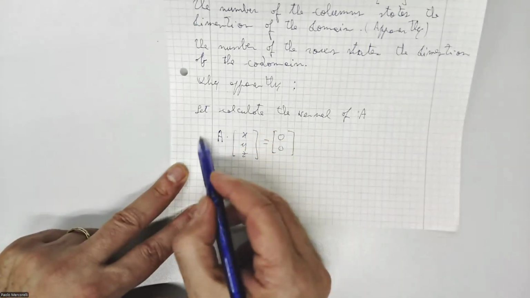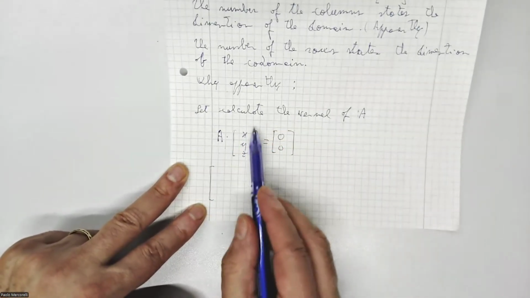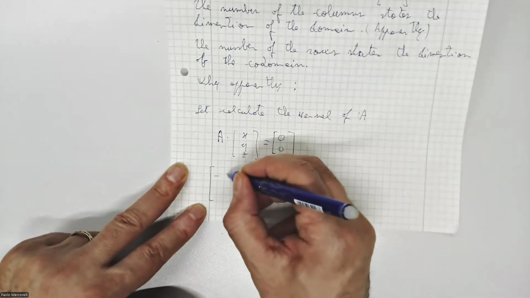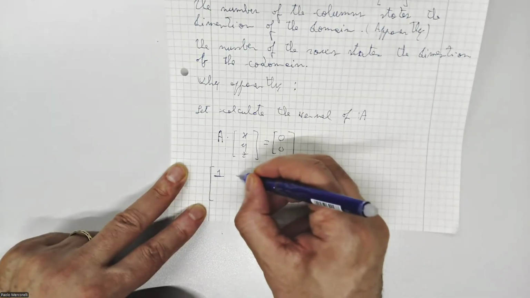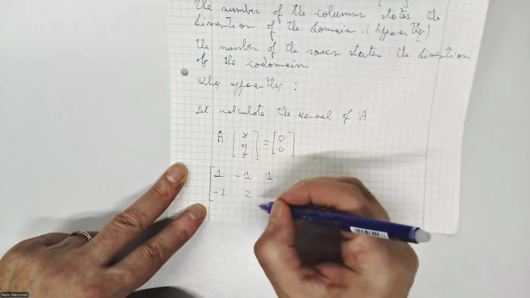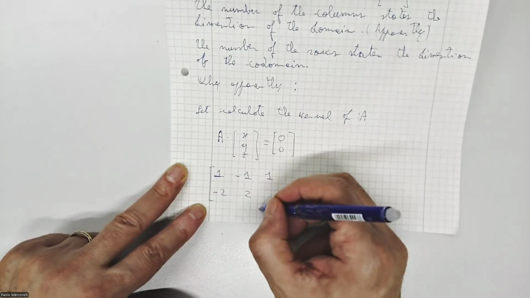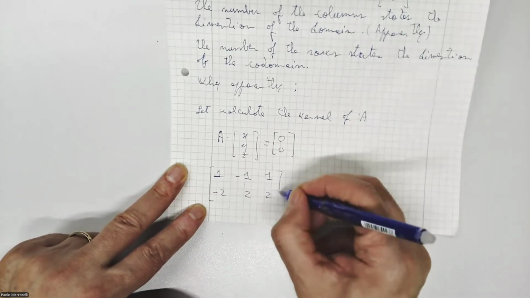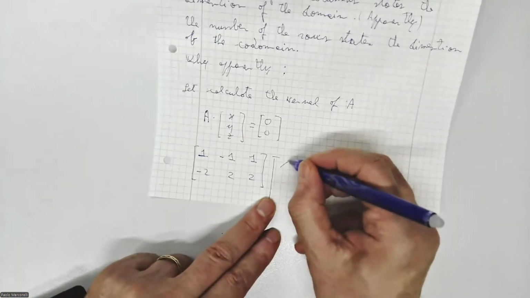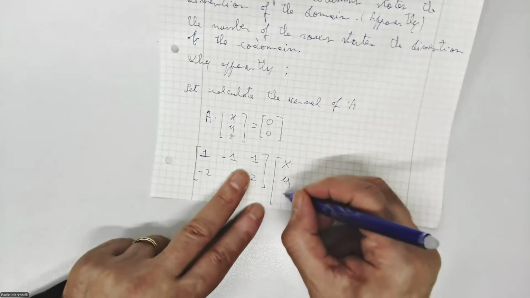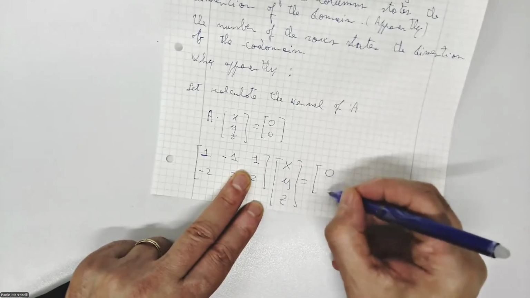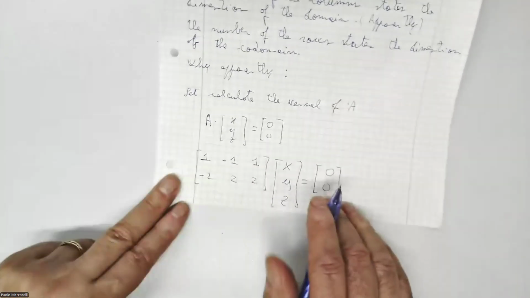This is the kernel, the definition. The kernel is a set of x, y, z transformed into 0, 0. This means the matrix with rows 1, minus 1, 1 and minus 2, 2, 2, applied to x, y, z, gives 0, 0. Let me do these calculations.